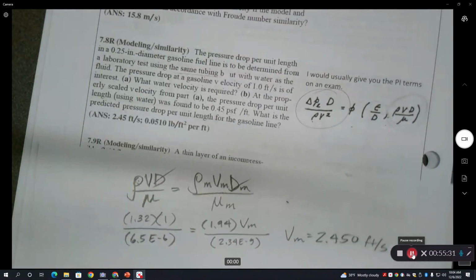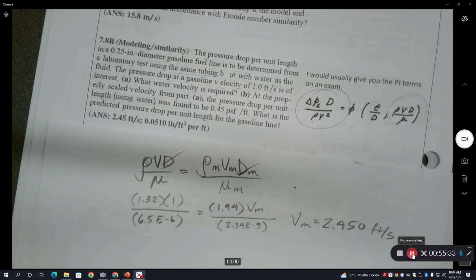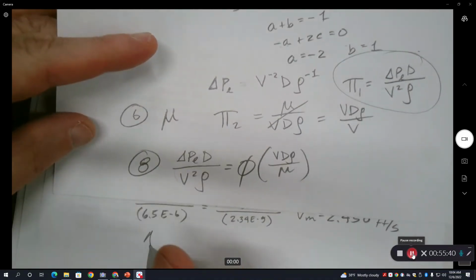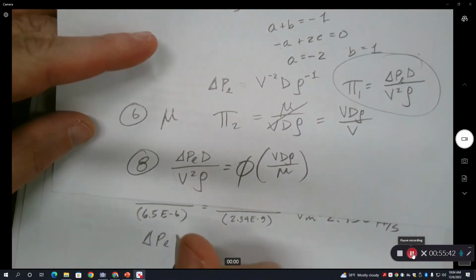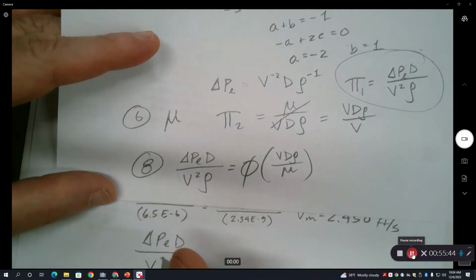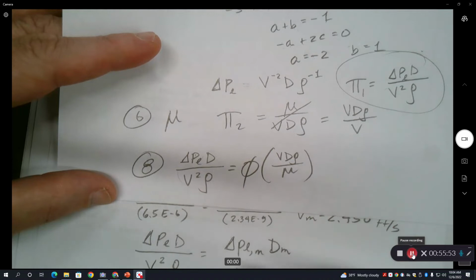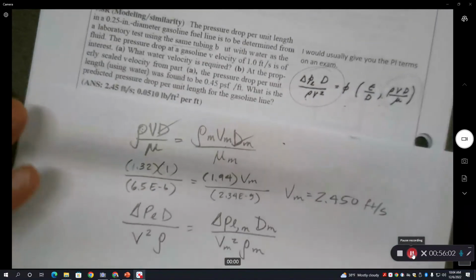So we want to use what we got out of the Buckingham Pi. And take that delta P L D V squared rho equals delta P L of the model, the diameter of the model, the velocity squared of the model, and the density of the model.